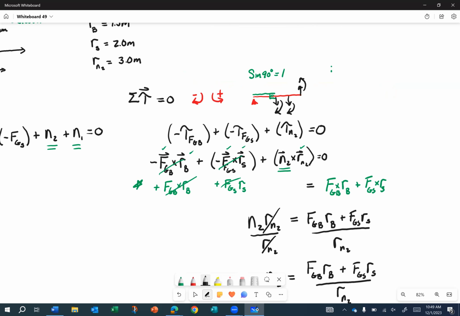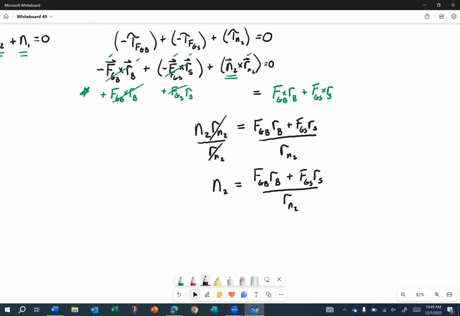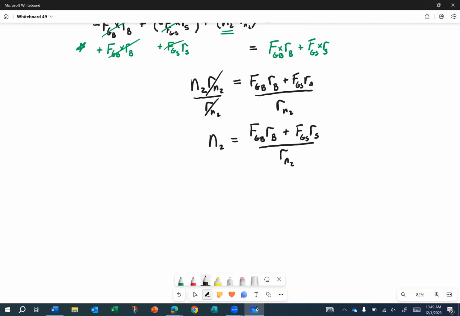And we can see in our picture that our radii given in the problem are perpendicular to the line of force, so that angle would be 90 degrees. So we've dropped that notation to just use the magnitudes of our forces, and this sine of 90 degrees would be 1. Now we can put in the equation for the force of gravity, which is mass times g.